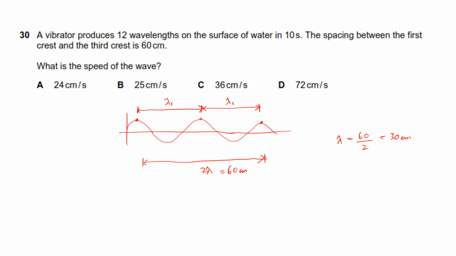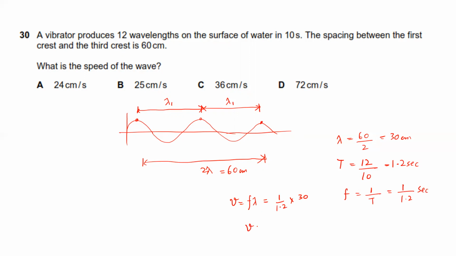The vibrator produces 12 wavelengths in 10 seconds. Its time period is 1.2 seconds, so frequency is 1 divided by the time period, so it is 1 divided by 1.2 seconds. What is the speed of the wave? So v equals f times lambda. So f is 1 by 1.2 multiplied by 30.